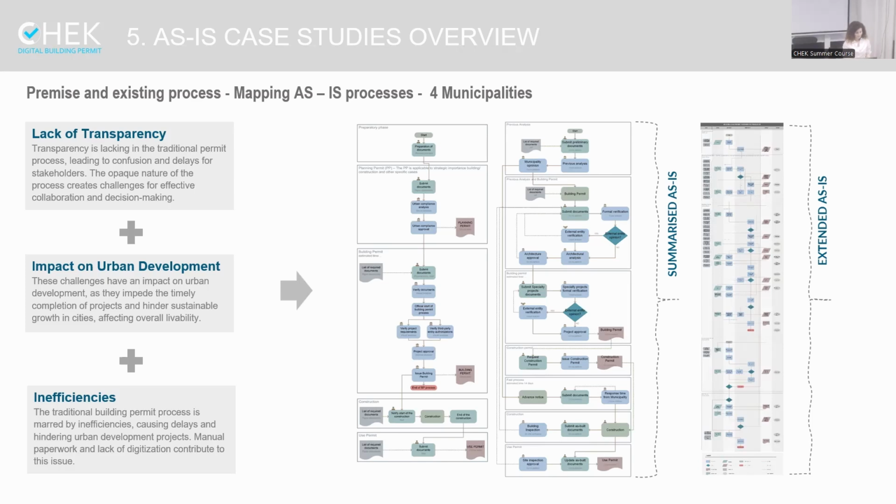And also, yeah, inefficiencies, of course. If the process is not transparent, things are not clear, communication is also not clearly defined. There are a lot of inefficiencies during this process.